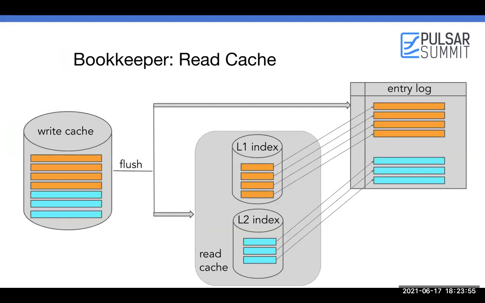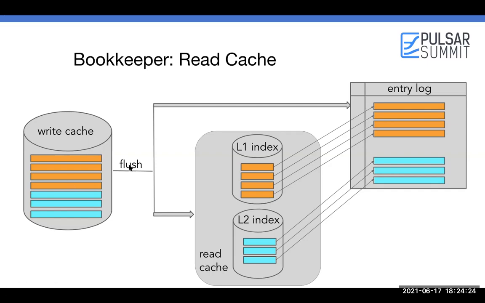Asynchronously, a thread will come and flush the data in the write cache. In the write cache, you can see that the entries from the same ledger are kept together. This helps us with faster reads by avoiding random IO when we read entries from that same ledger.